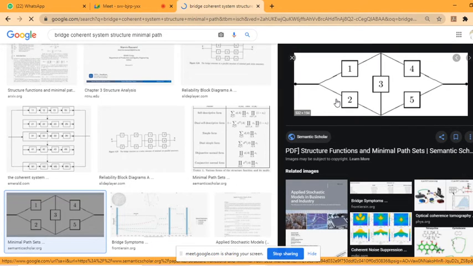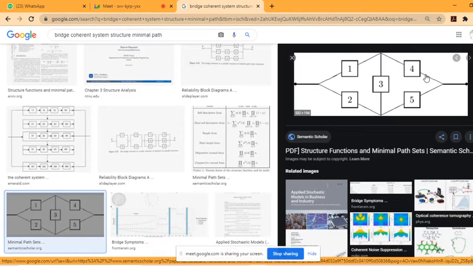Okay, there are 5 components: 1, 2, 3, 4, and 5. Suppose this is the source node and this is the destination node. Suppose these are bridges, or paths or junctions. Suppose all these junctions are open, then we can go from here to here through 1, 4 or 2, 5 or 1, 3, 5 or 2, 3, 4, etc.